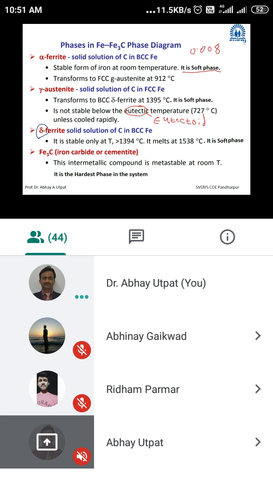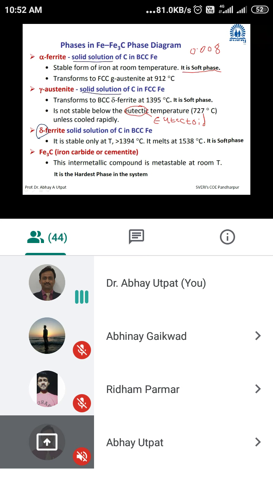Okay, that is again soft. And now, fourth phase, Fe3C. Above all three, ferrite, alpha ferrite, delta ferrite, austenite, all three are solid solutions. We have studied in last class. See the word solid solution.